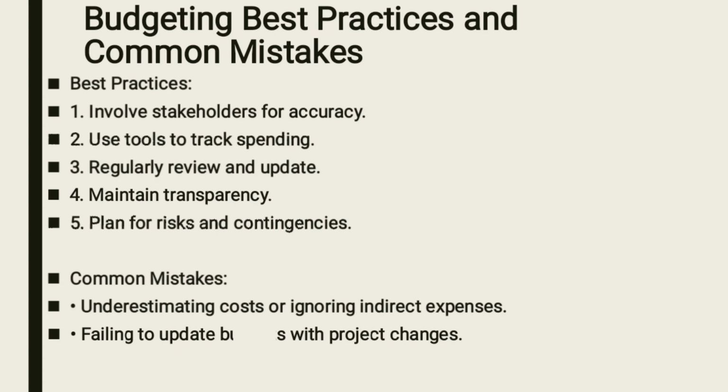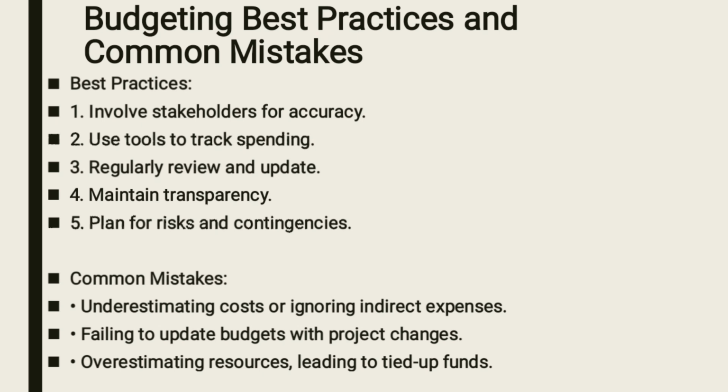So those are some of the mistakes that you can make. Another one is failing to update budgets with project changes. You understand that you have encountered scope creep, but by the end of the day, you are not tackling the budget. You need to understand that once there is a change in your project tasks, your budget must also change. But if you fail, that is a common mistake.